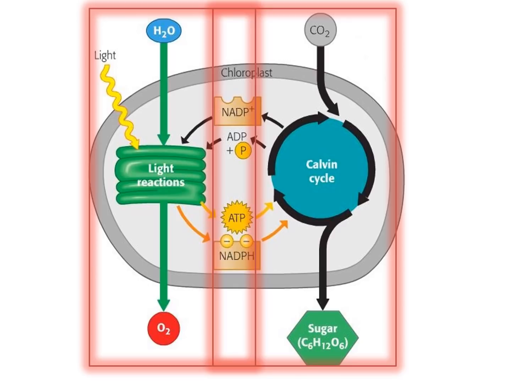Therefore, there will be a release of oxygen as well as sugar. So these two processes, which are the light reaction as well as the Calvin cycle, are considered a common and normal photosynthesis process in plant cells.